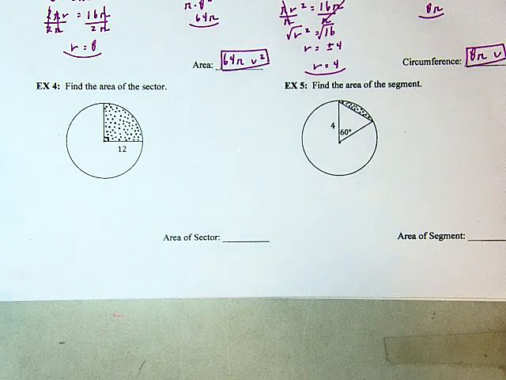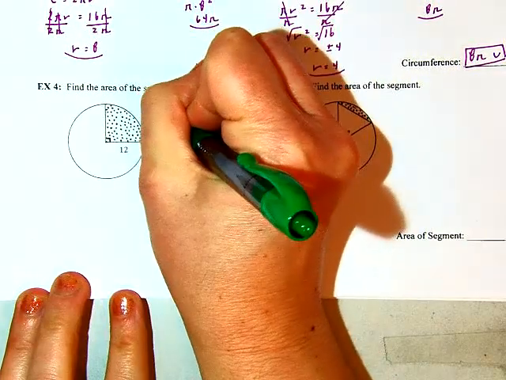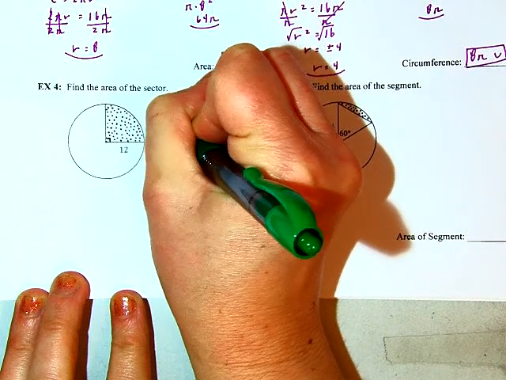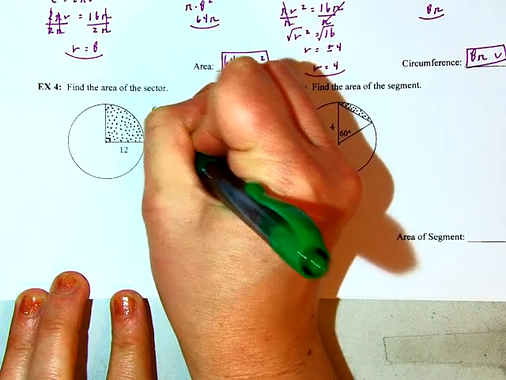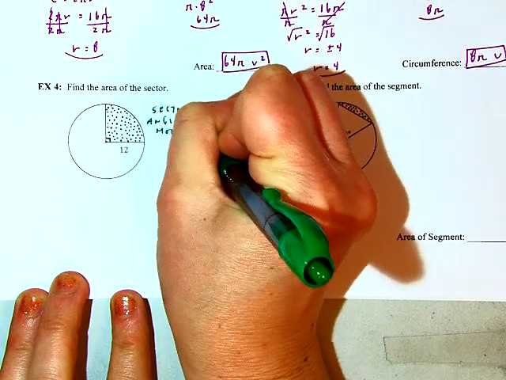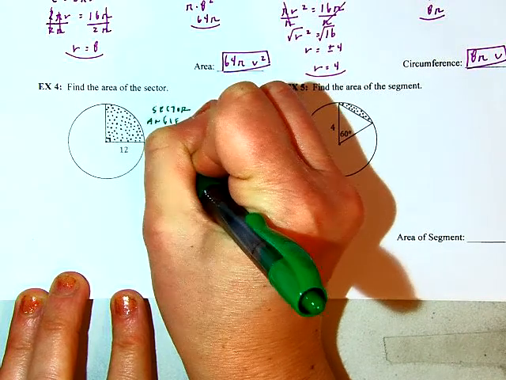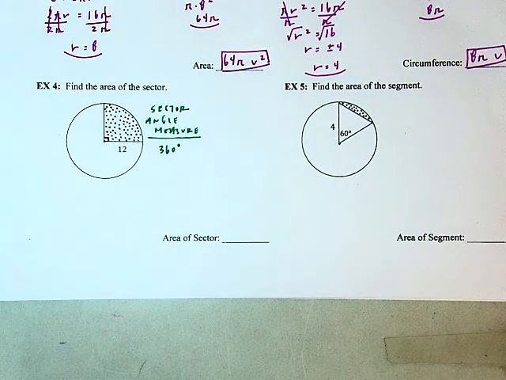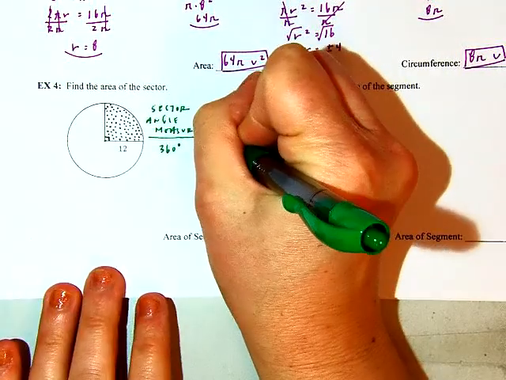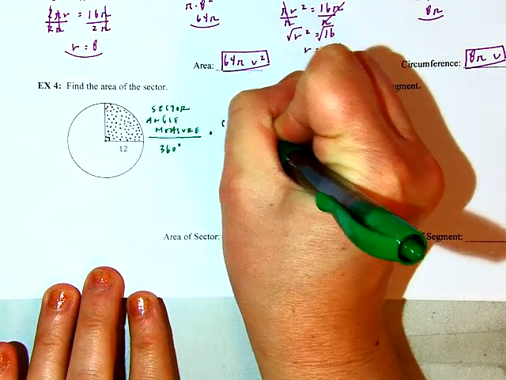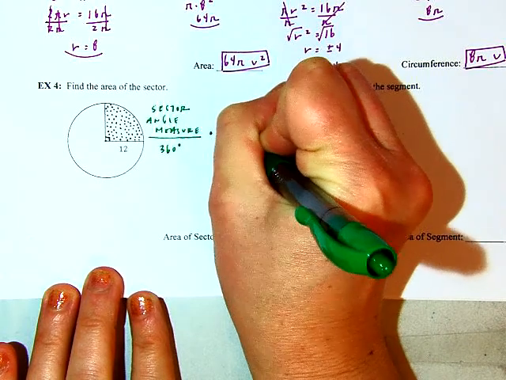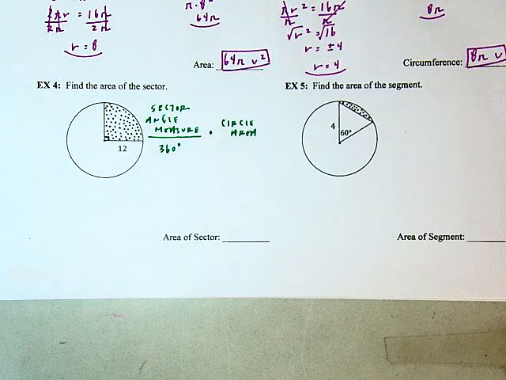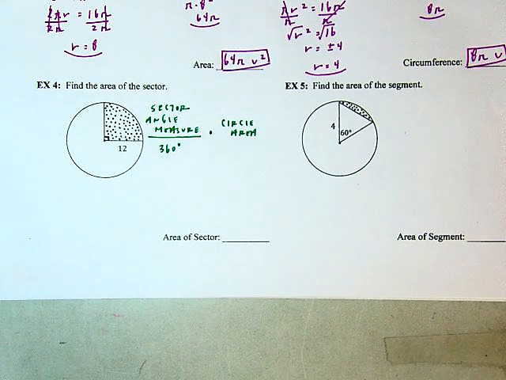So I'm going to write this out as the sector angle measure, in this case we can see that it's 60, to the whole circle, which will be 360. Okay, and then we're going to multiply that by the total area of the circle, because we're really looking at a portion of the total area when we're looking at our slice of pie.